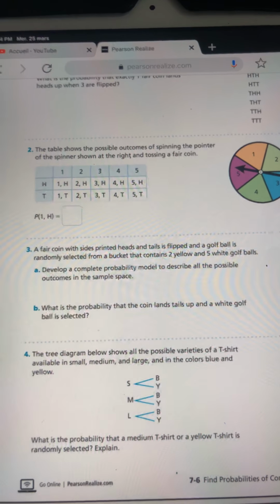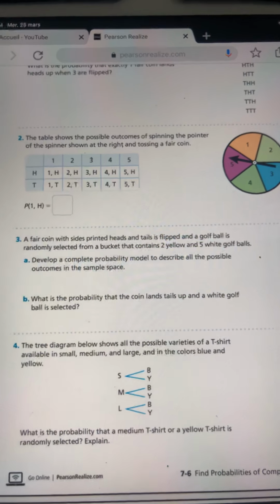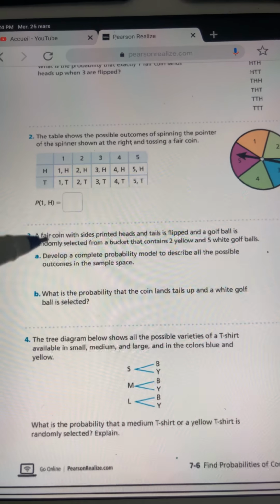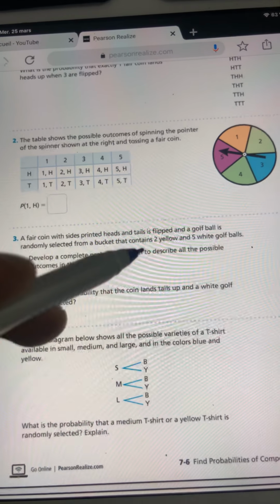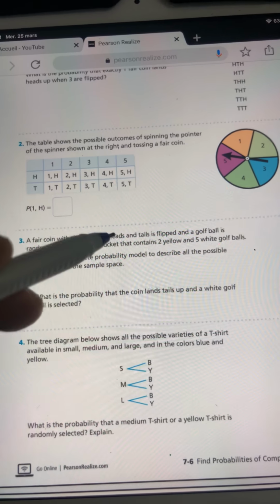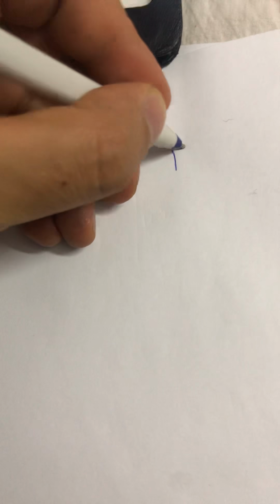Usually in probability you need to describe this by diagram. We have a fair coin with sides printed heads and tails. This is very important. So we have to represent this, head and tails. This is how to represent a problem in probability.